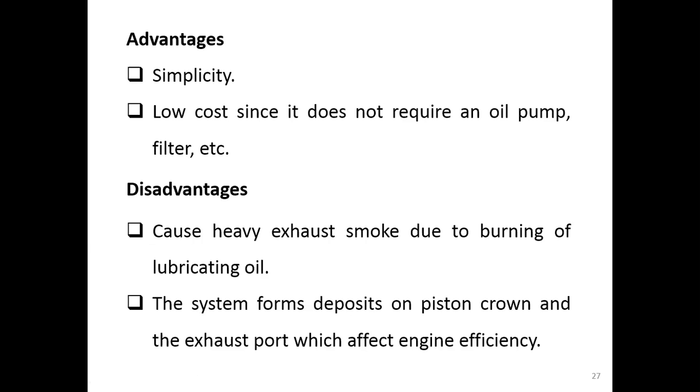So when this oil falls into the combustion chamber, it burns, and we can see heavy exhaust smoke come out in that case. It can also form deposits on the piston crown, or on the top of the piston, and also in the exhaust port.